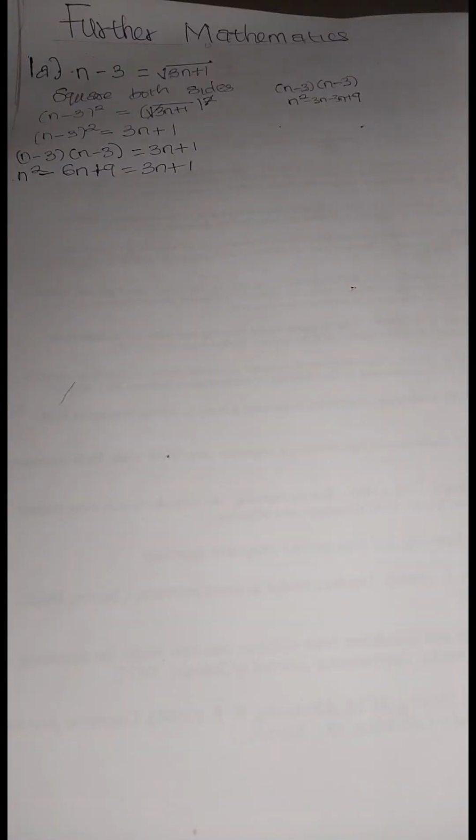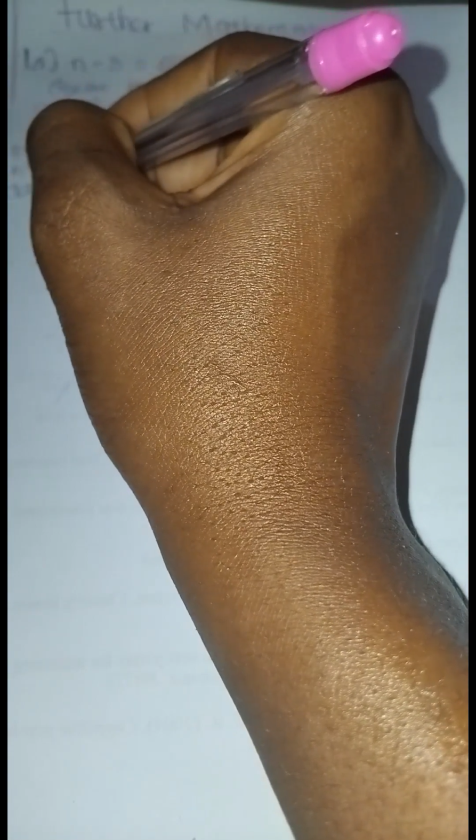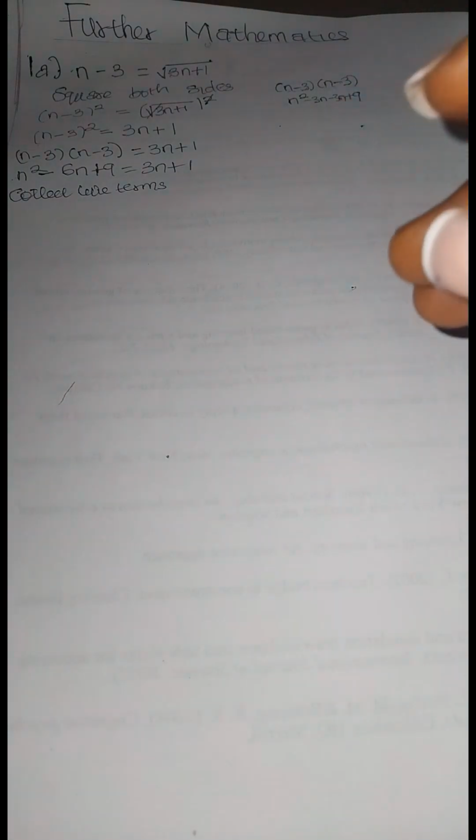The next thing you do here now is to do what? Collect like terms. So we collect like terms together and we add or subtract them when necessary. So we have n squared minus 6n. If this 3n comes over, it changes to minus 3n.